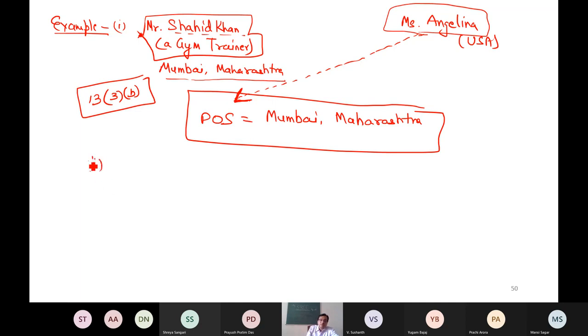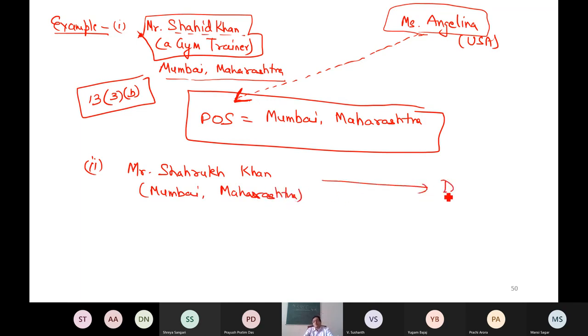Now, what is a similar case? Mr. Shahrukh Khan, for example, a person in Mumbai, Maharashtra, goes to Dubai for hair cutting services, for availing the services of hair cutting.